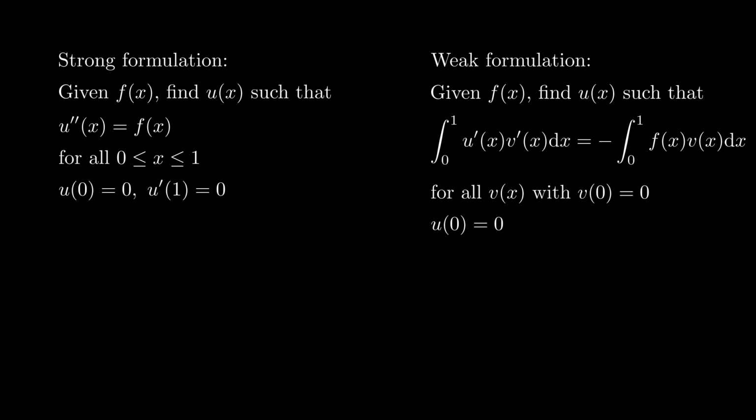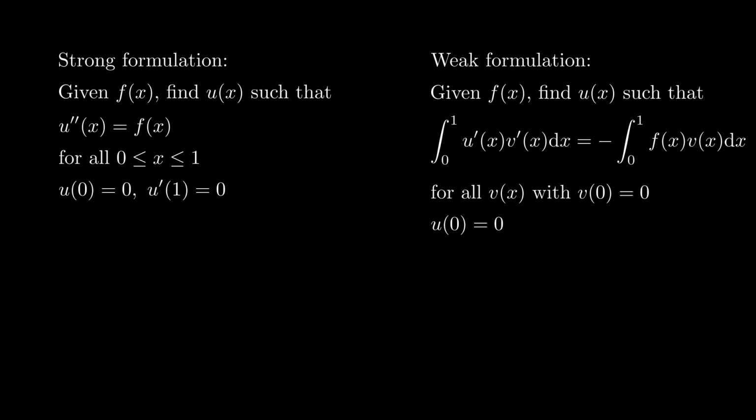For the rest of this video, it is important to observe the following. We have transformed the strong form, in which the differential equation must be fulfilled for all points x in our region of interest, into a weak form, which is an integral equation that must be fulfilled for all possible test functions v of x.